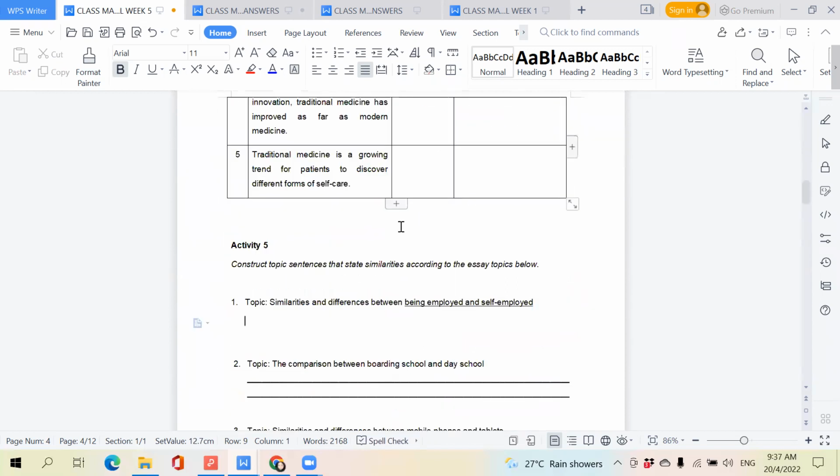Anyway, you can just say something like, the similarity between being employed and self-employed are... So you tell what the similarity is between being employed and self-employed. So you have 3 components.